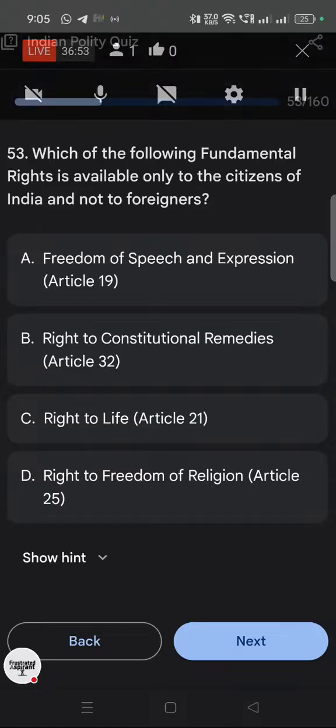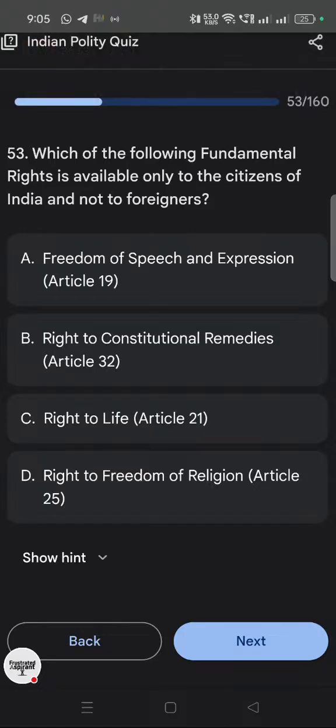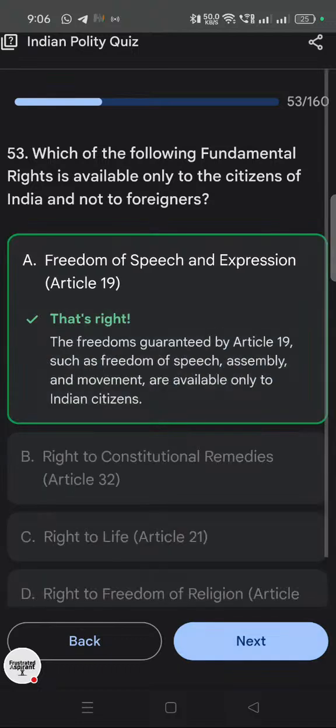These fundamental rights are only for citizens.